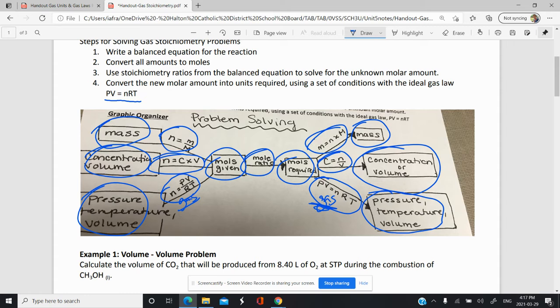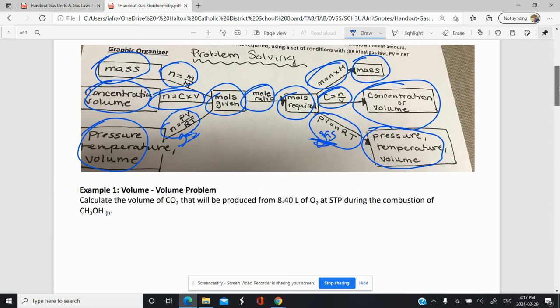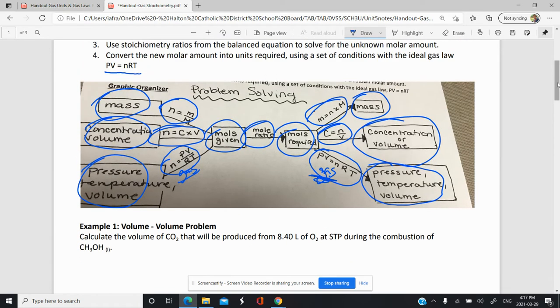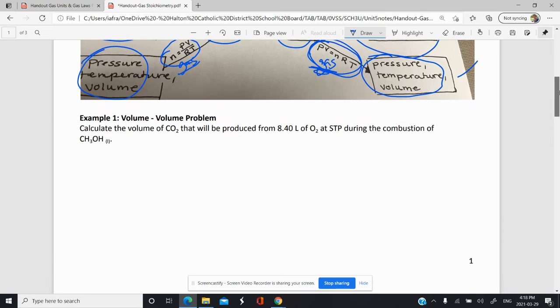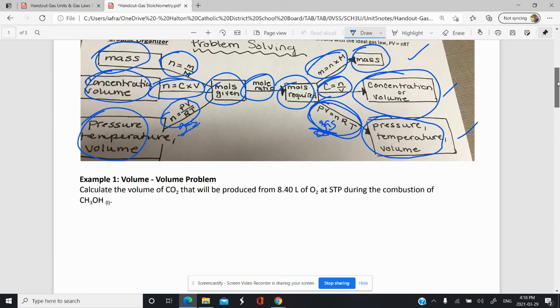The other ones you can apply in most situations, but typically when you're dealing with concentration or volume, you're dealing with a solution of some sort. So this is just a flowchart to allow you to approach stoichiometry. We've done these two sections already. Now we're just applying a third formula to stoichiometry, which is PV = nRT. So let's do a sample problem together where we want to go from volume to volume.